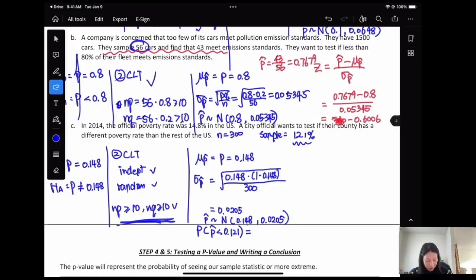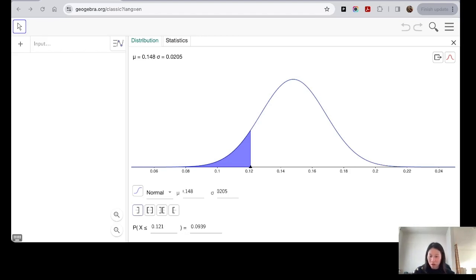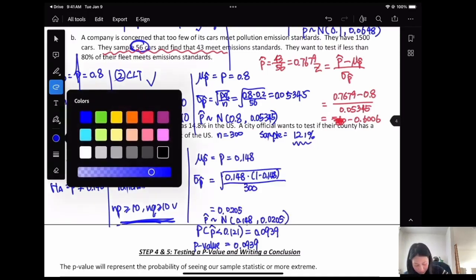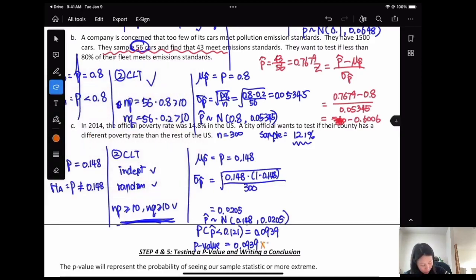All right, so this is 0.0939. But remember that this is a two-tailed test. So that means your p-value should be the probability we got, multiplied by 2.